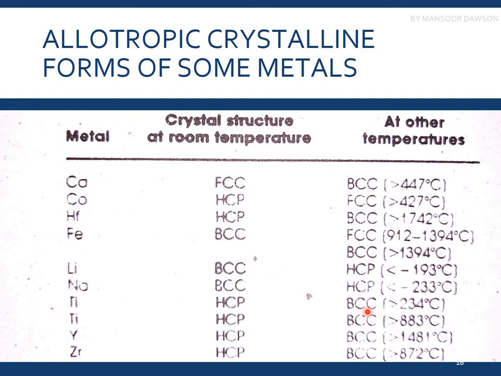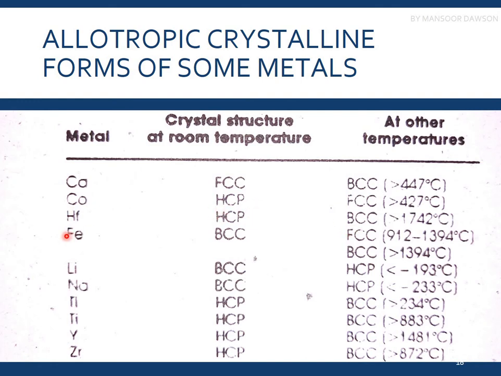You can see over here that cobalt has an FCC structure at room temperature, but at a higher temperature, which is greater than 447, it converts itself into BCC. Cobalt again, it converts from HCP to FCC.